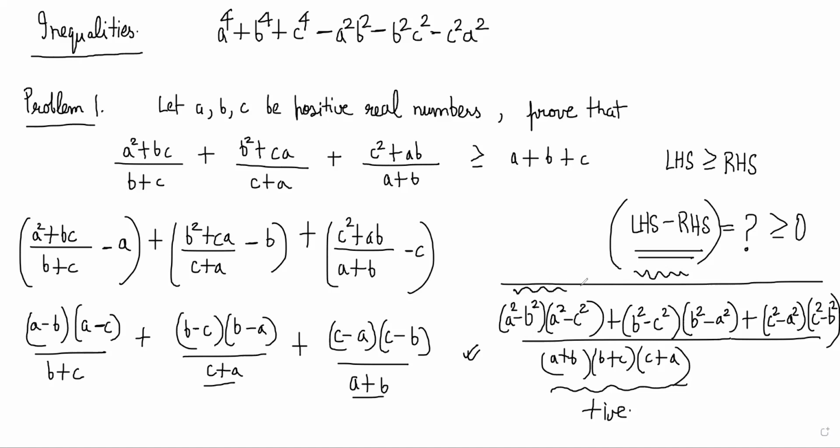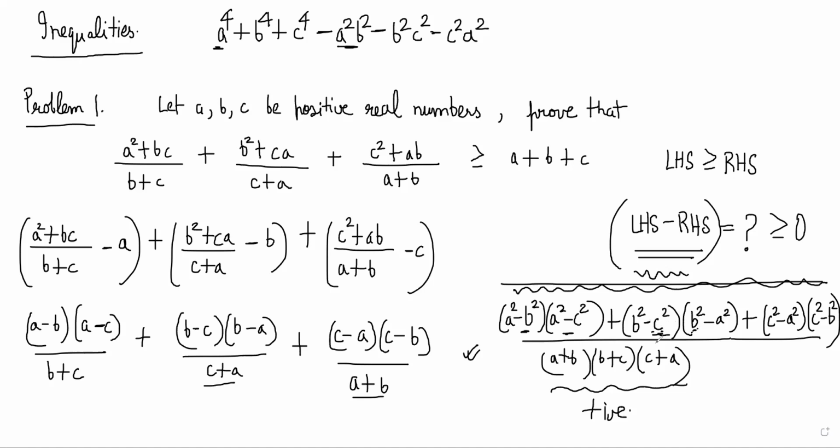Technically, 12 terms should come from here, but 6 terms will cancel. Like plus b square c square and minus c square b square here, right? So what will remain is minus a square b square from here and a power 4. Similarly, from here b power 4 and minus a square c square.